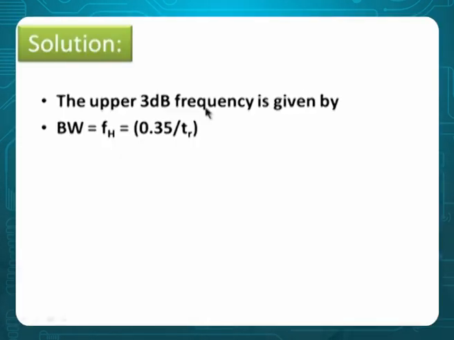You can have what you call tilt, and tilt is linked to the cutoff frequency. And look at here, upper cutoff frequency is 0.35 by TR, and that's why the option is upper cutoff. So therefore, option is C, upper 3 dB frequency.